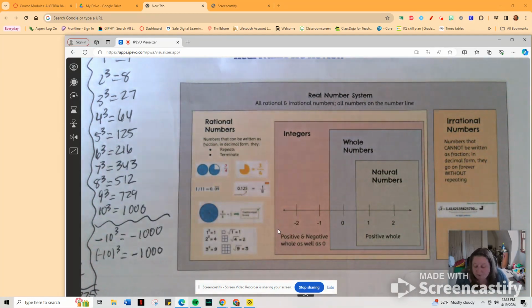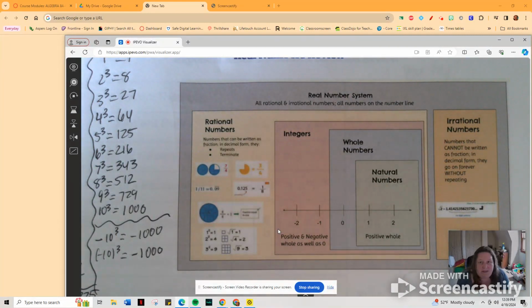Now, we also talked this year about square roots, which we'll talk about more in depth in a minute, but the square roots or cube roots that would fit in the rational category would have an integer answer. So the square root of 1 is 1, the square root of 4 is 2, so they come out to either a positive or negative whole number.